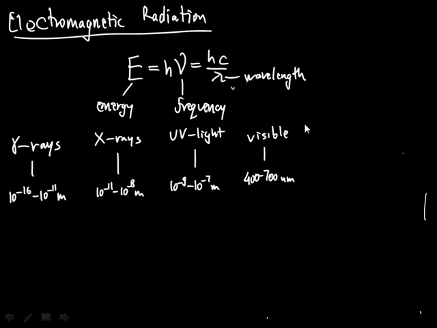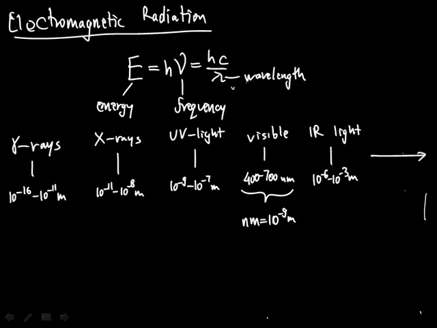Even below that is the infrared light, IR light, which is again slightly lower in energy. This is 10 to the minus 6 to 10 to the minus 3rd meters. You'll notice that with visible light I made an exception and expressed this in nanometers. And 1 nanometer is 10 to the minus 9th meter, so this all fits in. But nanometers are just more commonly used when dealing with visible light. Of course, it applies to any other type of light equally well.